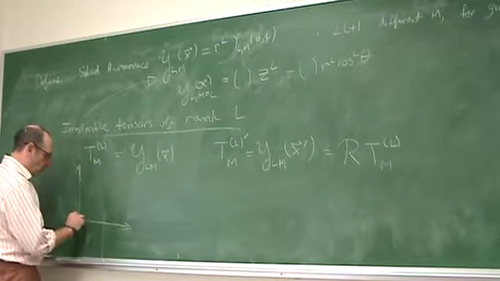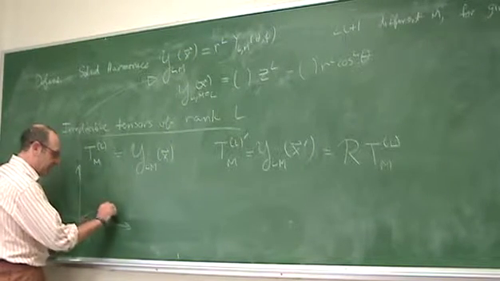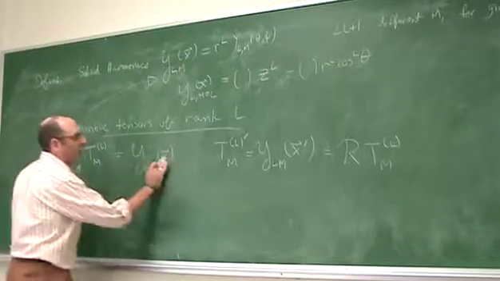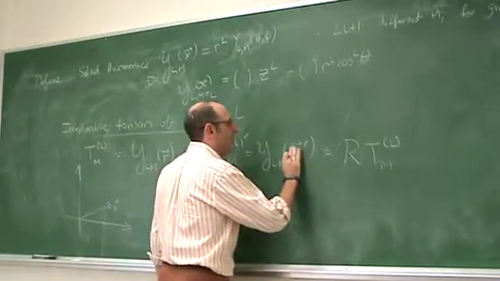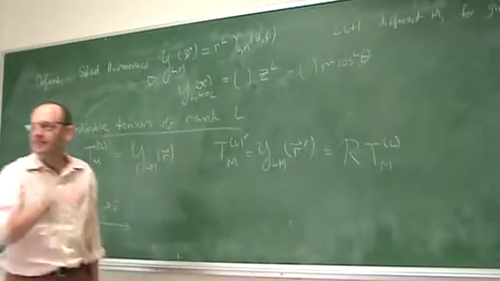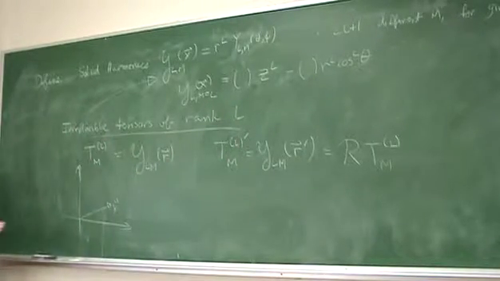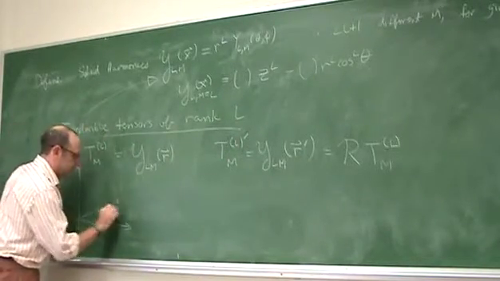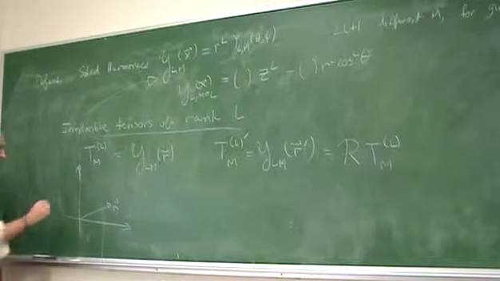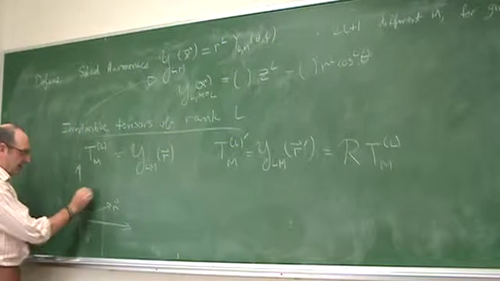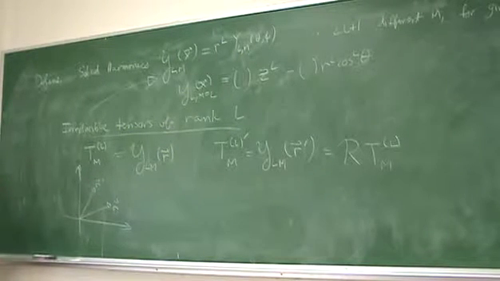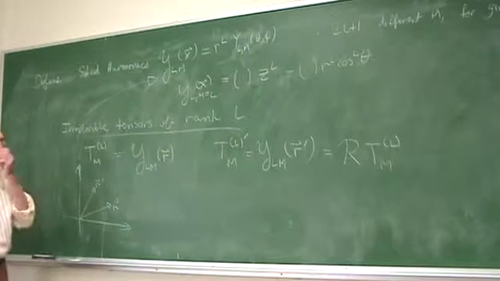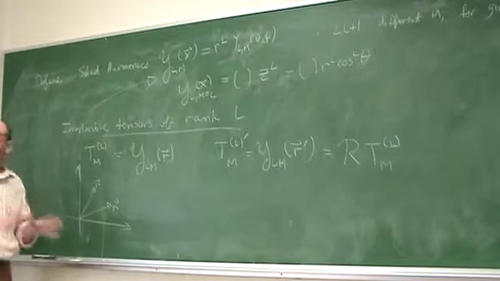Let's say we have some coordinate system. Here's a position vector x. Well, I'm sorry, I changed my notation. Let me call it R. So I rotate this vector. Now I can think about quantum mechanics.